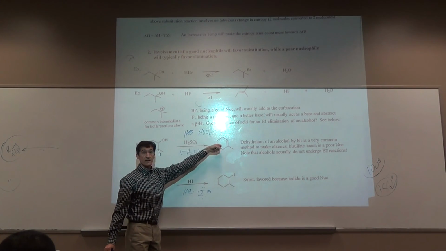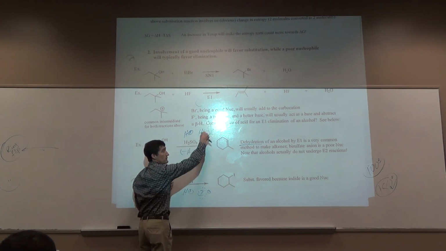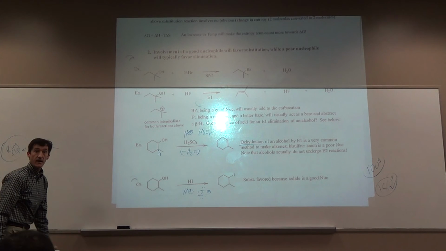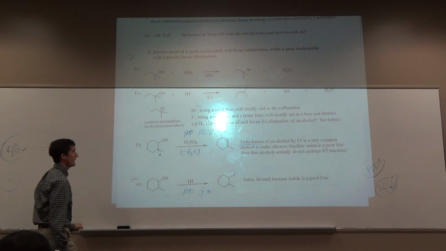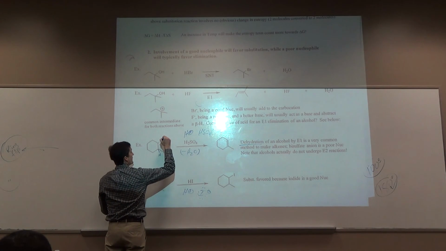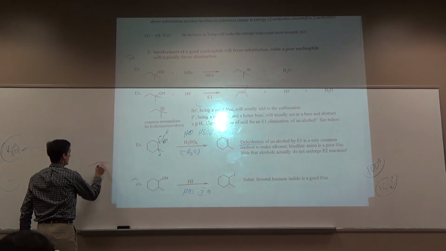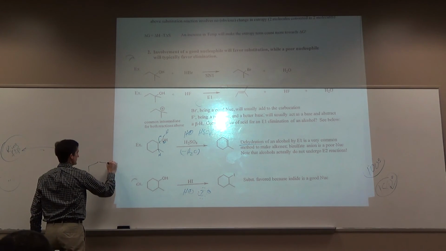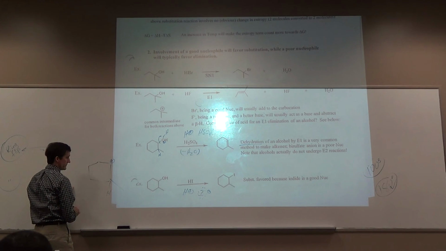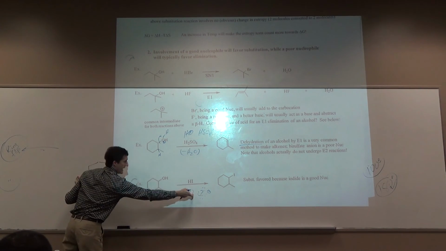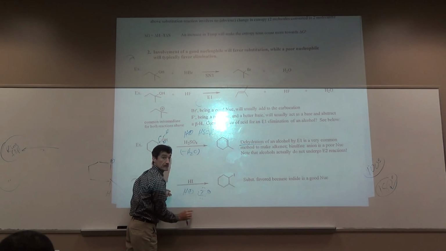But if you just want to dehydrate to the alkene, you use an acid that has a poor nucleophile associated with it. We talked about this six weeks ago with choices of acid. So down here, you protonate, then you ionize, and you get the cation. I minus would add here as a nucleophile and give you a substitution product.